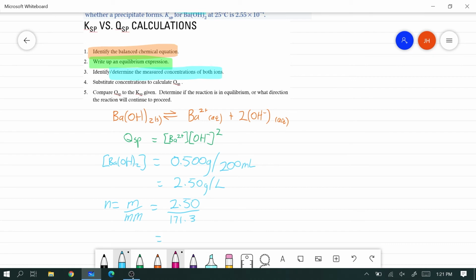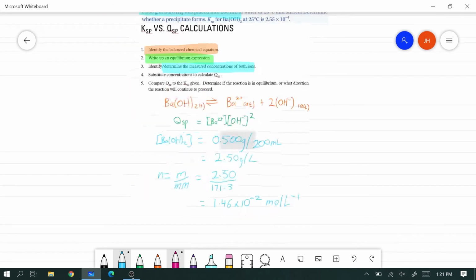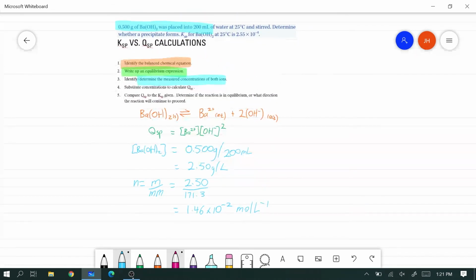Put that into a calculator. That's going to be equal to 1.46 times 10 to the negative 2 moles per liter. So that is the number of moles present in a liter of solution. I've not just written that as moles, but written that as a concentration straight away. That will just flesh out the working a little bit more.